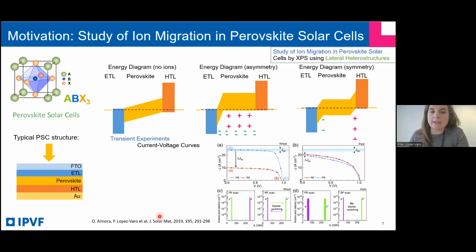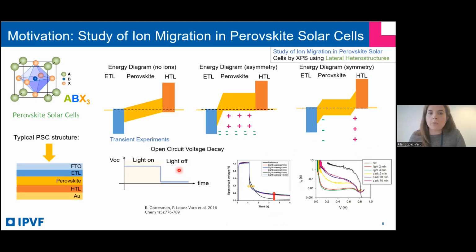So, for example, in this work we were able to interpret solar cells that present inverted or non-inverted hysteresis with the switching or not switching of the dipolar distribution of ions. And also we have been interpreting, with the diffusion ion migration, the open circuit voltage decay. The open circuit voltage decay is a technique in which we shine light on our device.